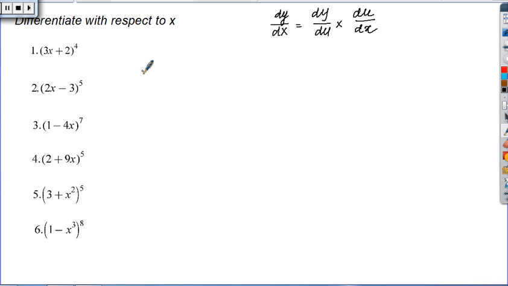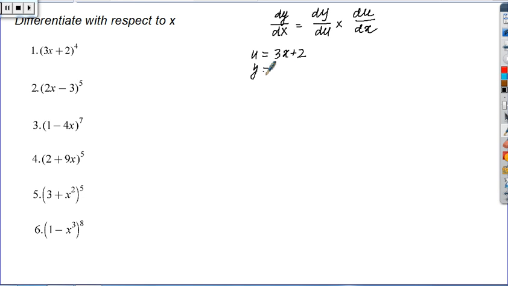Let's look at your solutions in this video, and I will give you a little bit harder questions to try further. So in the first question, (3x+2)^4, let's take 3x plus 2 as our u. So u is 3x plus 2.